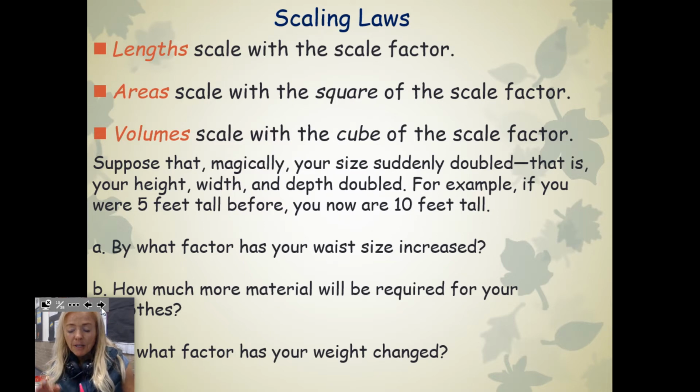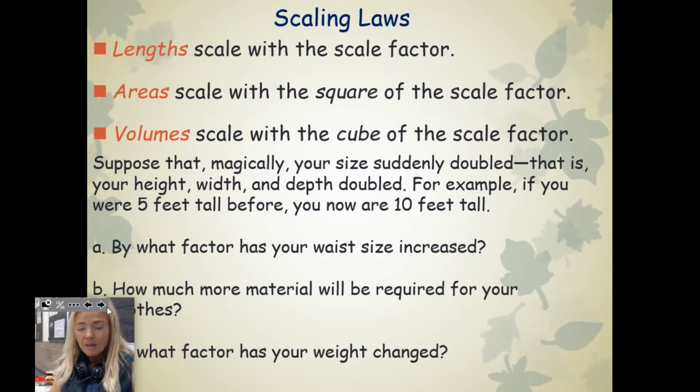So if the factor's 3 for the length, for the radius, then the factor for the volume would be 3 cubed, or 27 times. The volume would be 27 times as big. The area would be 9 times as big if the length's 3 times as big. So anyway, those are your volumes.